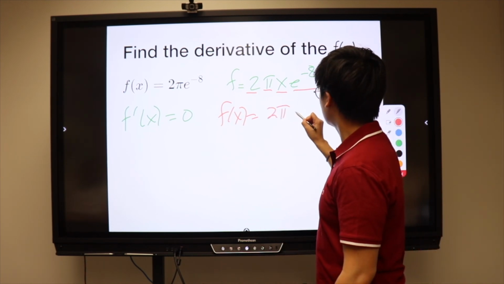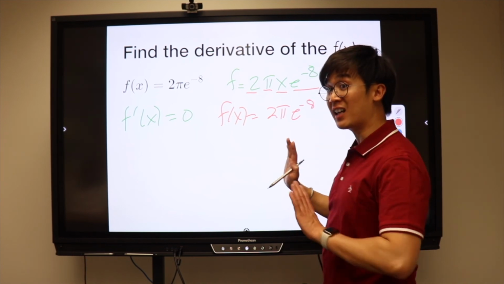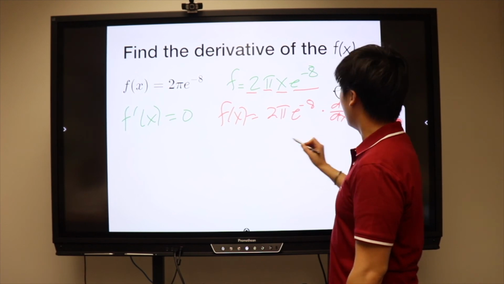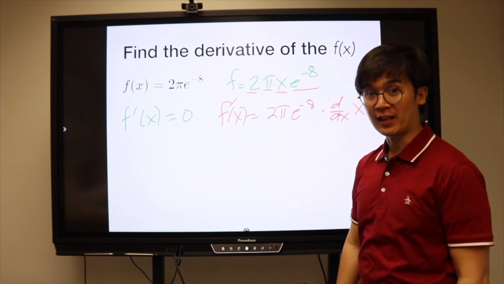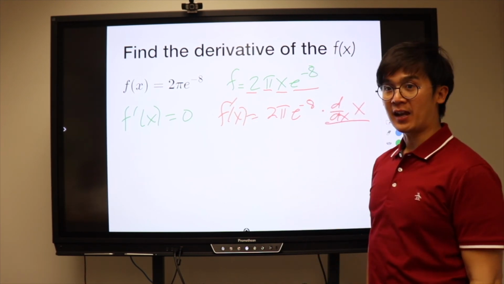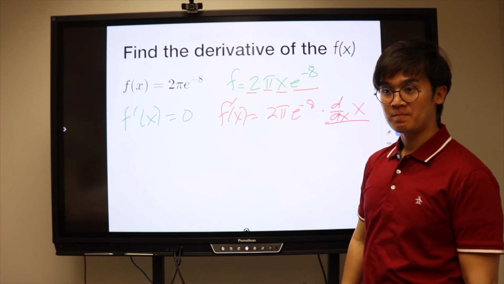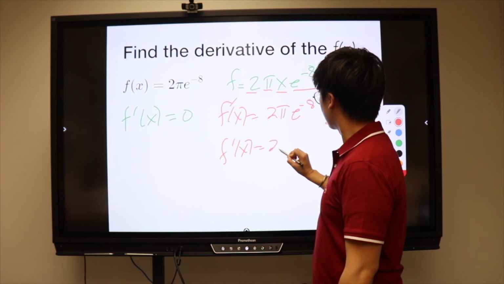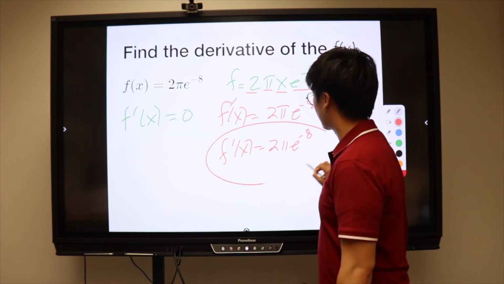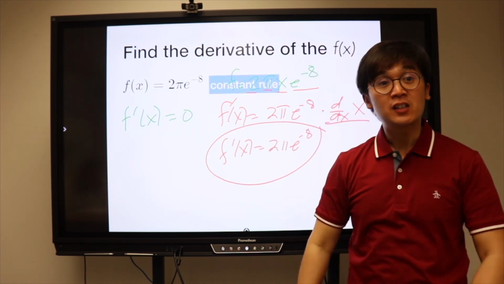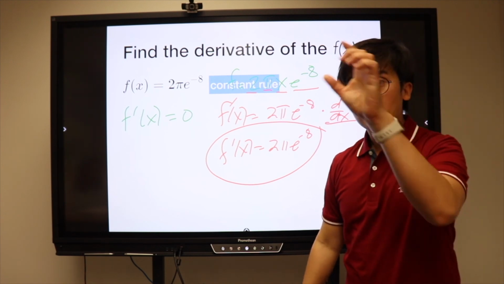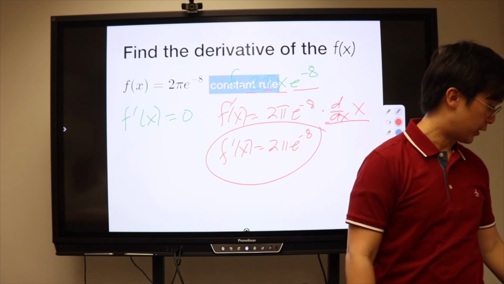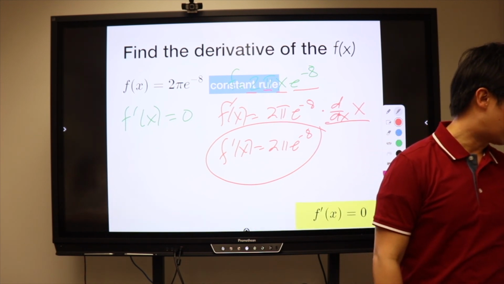We are going to set all the constants aside and take the derivative of x so we can find f prime of x. What's the derivative of x? Just one. For today, it's all about knowing your function, understanding your function, and knowing how to use the power rule in your function. So this will still be equal to 0.